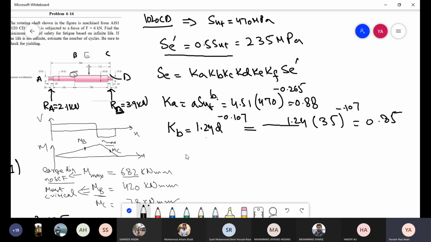Load factor. So what would be the load factor for this case? 1. Because we are dealing with bending, same as the rotating beam test, we don't have to take into account the difference in load. And KD, KE and KF, because we are not given any information about the temperature or the reliability difference or any miscellaneous effect, we can safely take them as 1.